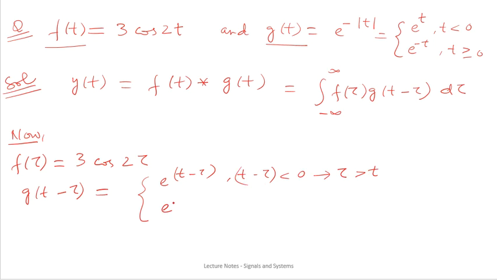And the second one will be e raised to the power minus of t minus tau for t minus tau greater than or equal to 0, that means for tau less than or equal to t.